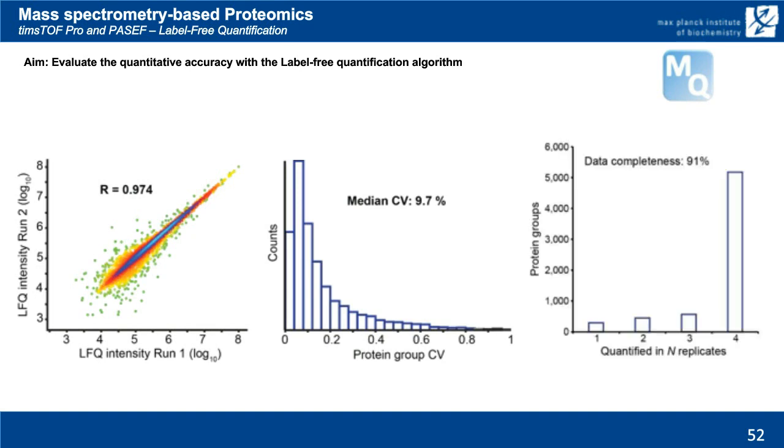And what's also really important to mention is that the data completeness on the LFQ data in these quadruplicate experiments we performed was above 90%, and this is the performance, or even better performance, than you will get with data independent acquisition scan modes.